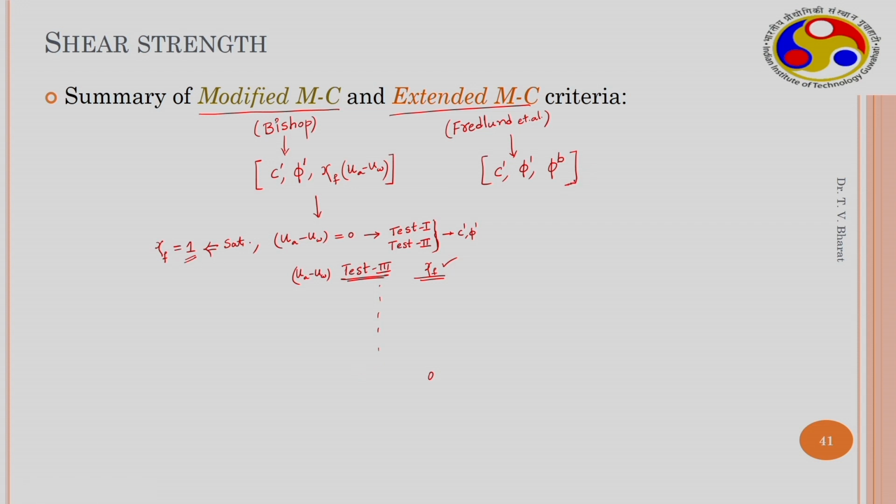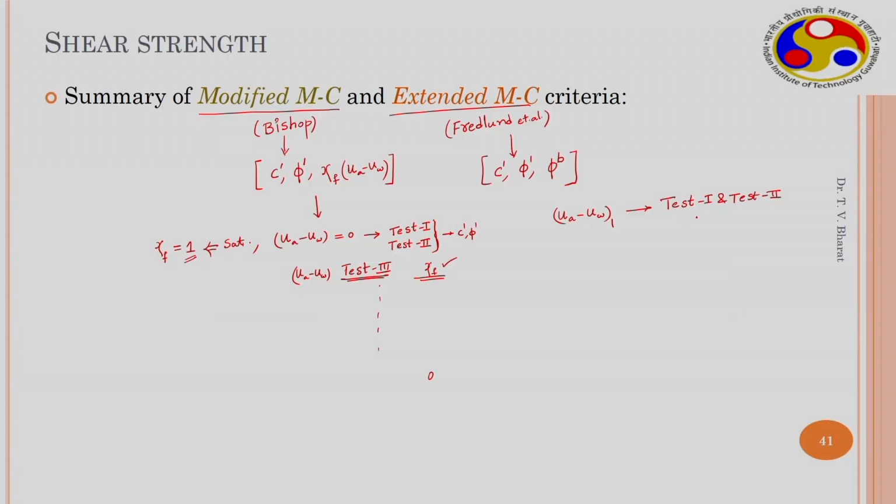In the Fredlund et al. case, we do not require a series of test data, we just require 4 test data. Two tests should be conducted at one particular u a minus u w, test 1 and test 2. In these two tests you can vary the all-round pressure sigma 3 minus u a if it is a triaxial test, or you can vary the net normal stress if it is a direct shear test.